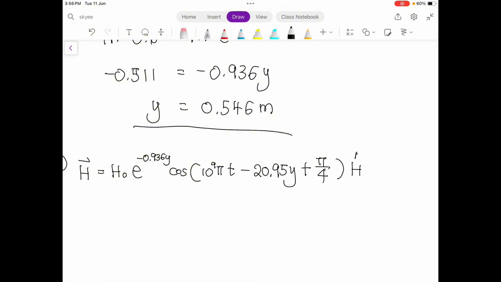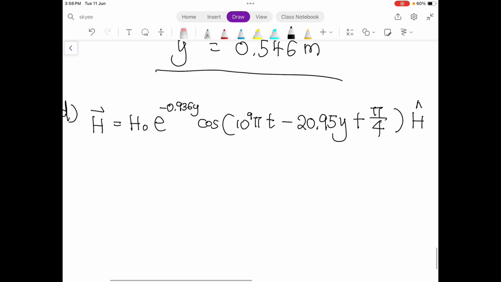And the direction, you have no idea of the direction, so you need to find it. Let's find the direction first.